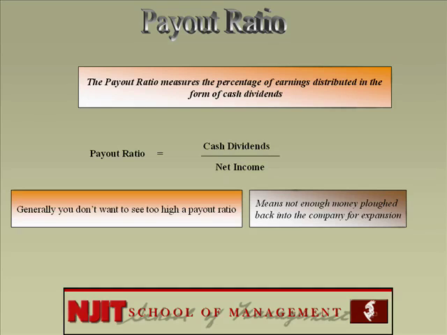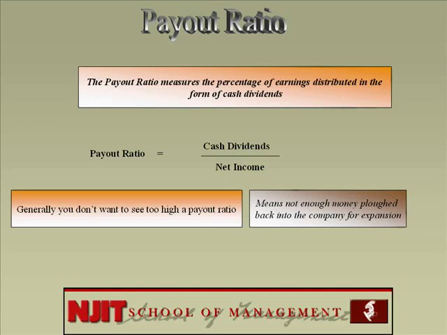Believe this or not, some companies such as Toys R Us and Microsoft never paid a cash dividend in their first 5 years. So their payout ratio in the first 5 years was 0. Question: was that bad for investors? No. The companies expanded and investors' stock prices went up.